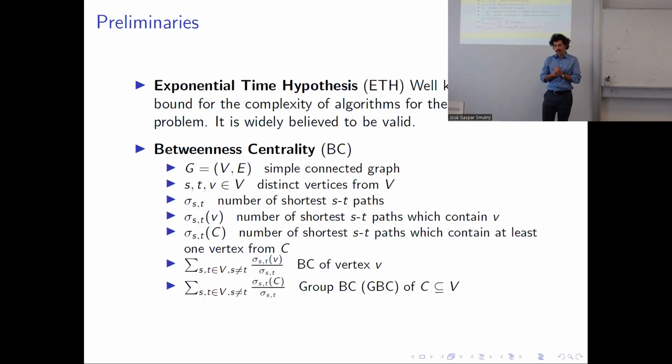You may notice that it's a number that corresponds to the probability of the vertex intercepting communication if it occurs uniformly at random between pairs of vertices, using uniformly randomly picked shortest paths. And the generalization to group betweenness centrality is quite straightforward. We only consider the shortest paths covered by a group, not by a single vertex.